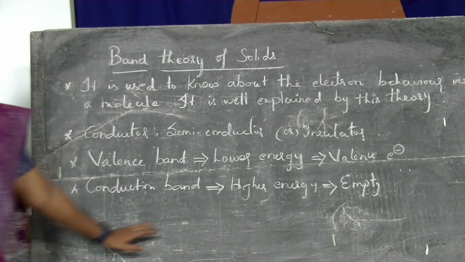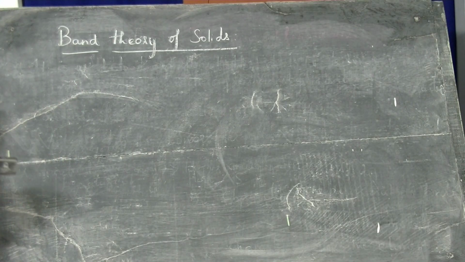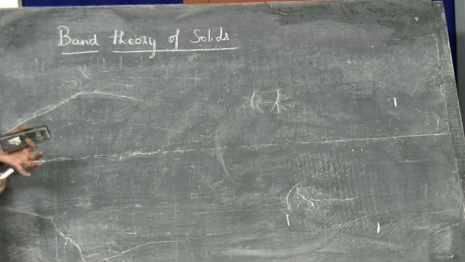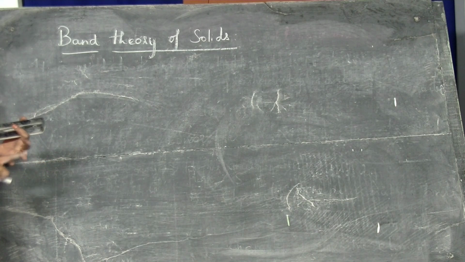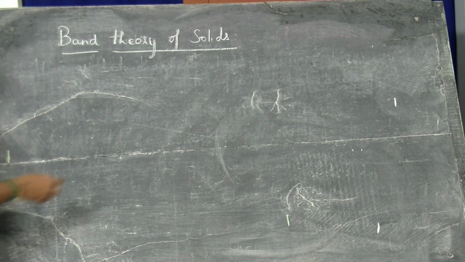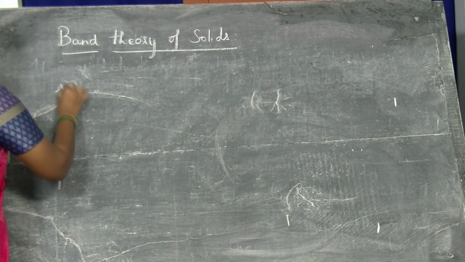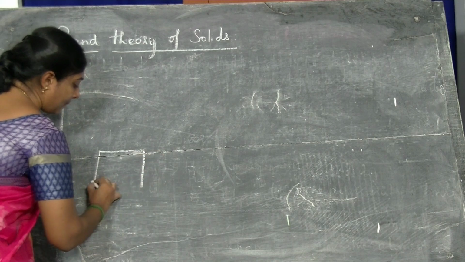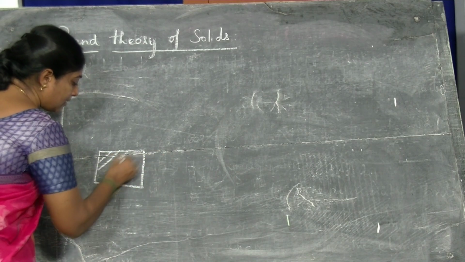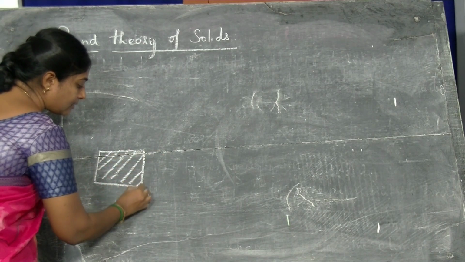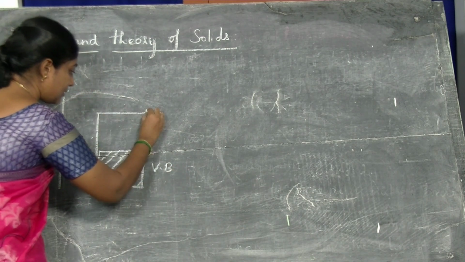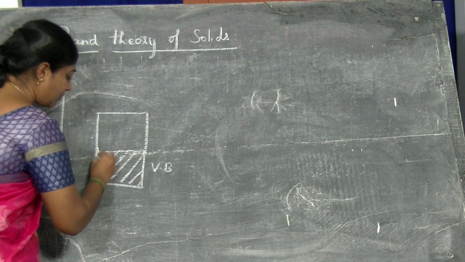Now, by using the energy diagram, we are going to find out which one is a conductor, which one is a semiconductor and which one is an insulator. This is the energy diagram. This is the valence band and this is called the conduction band.